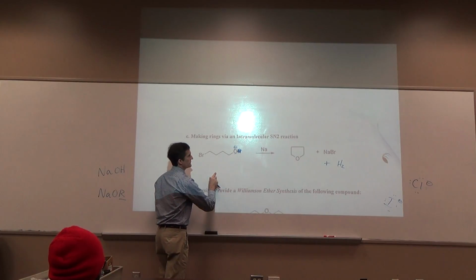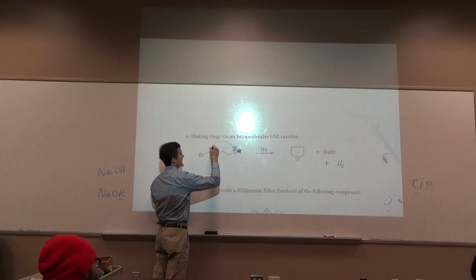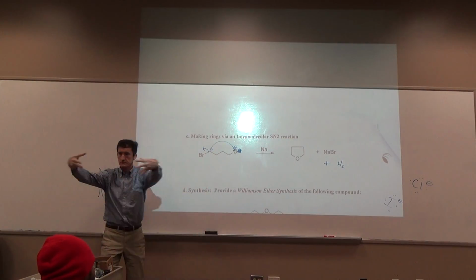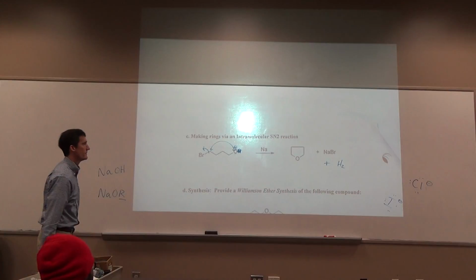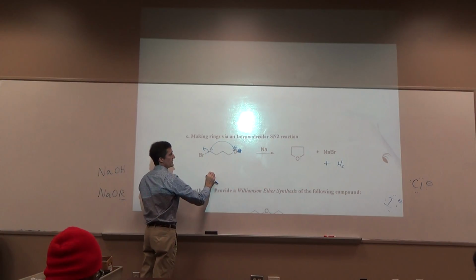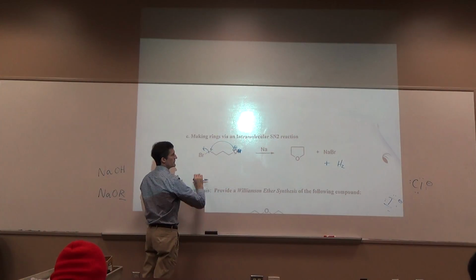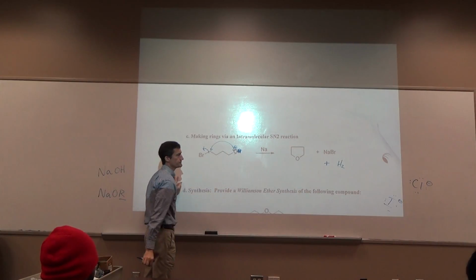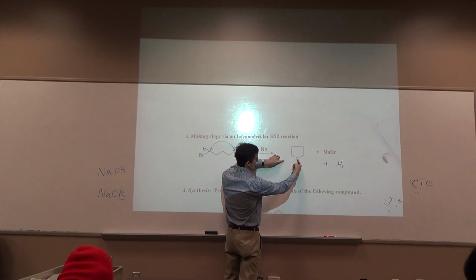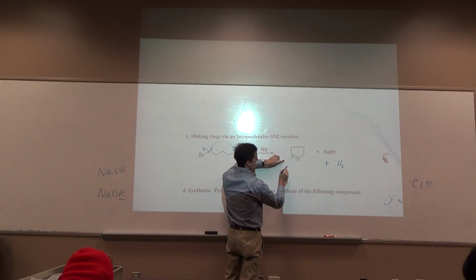But here, what can this do? These electrons can, boom. This is an internal SN2. Make ring, and then you have a 1, 2, 3, 4, 5-membered ring with oxygen part of the ring. So bromine used to be attached here, but now the oxygen is attached there. So we make that bond.